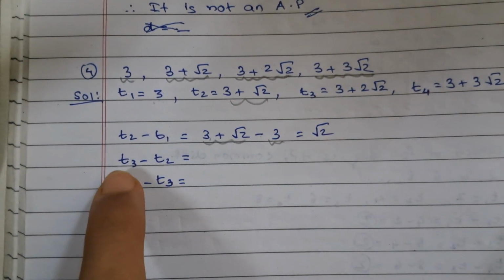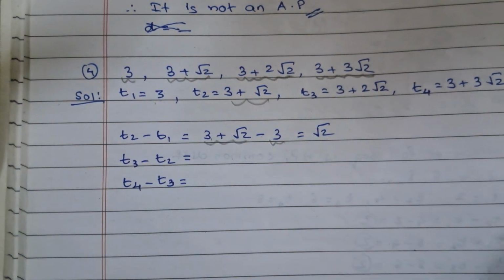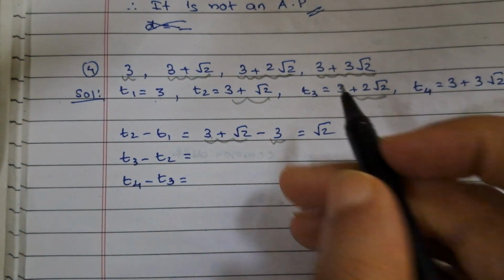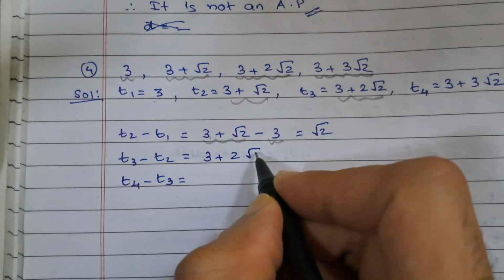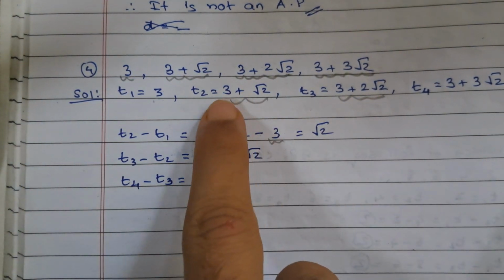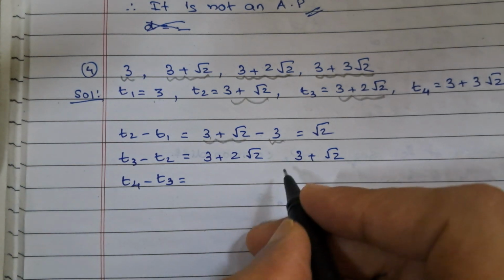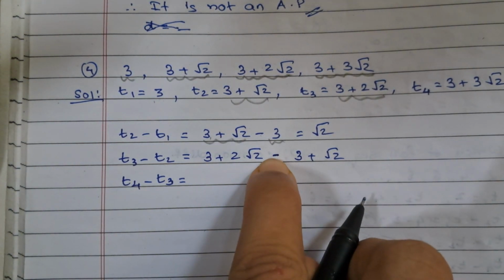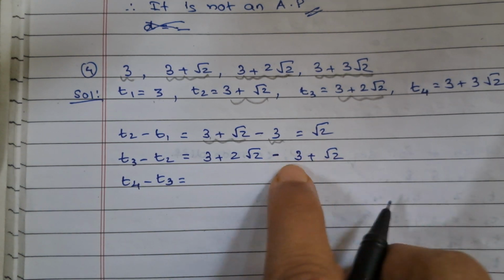Now let's look into the next pair, T3 and T2. That means this and this. Okay, this time it will be a bit different. Let's see how to tackle this. So first of all, I will write T3, that is 3 plus 2 root 2. Then I will write this one, that is 3 plus root 2. Then I will put a subtraction. This time make a note of this. When I put a subtraction sign over here, after that, it is not just one term. There are two terms over here.